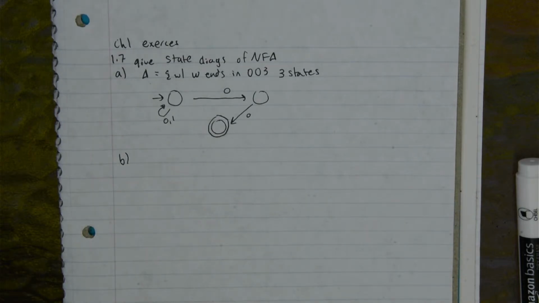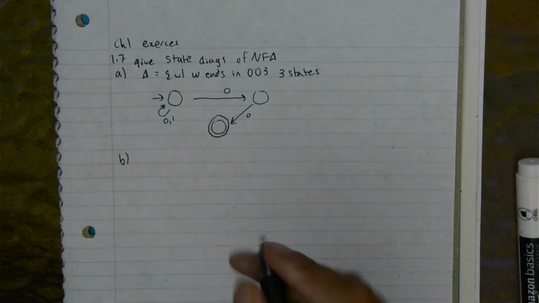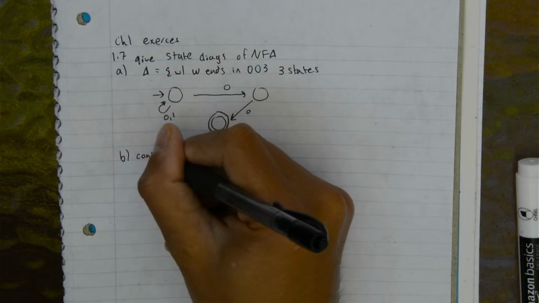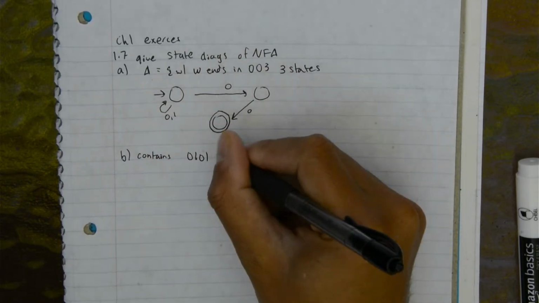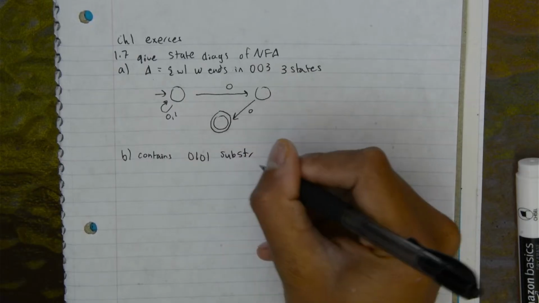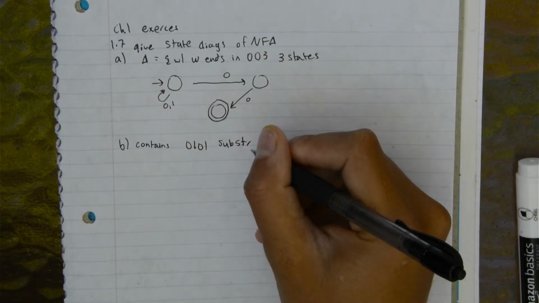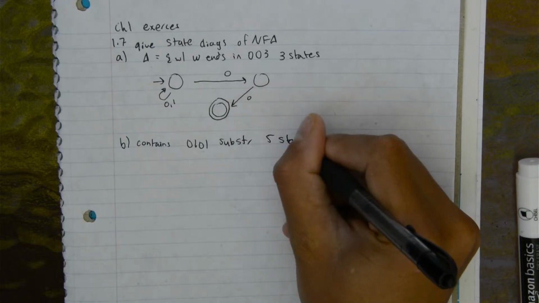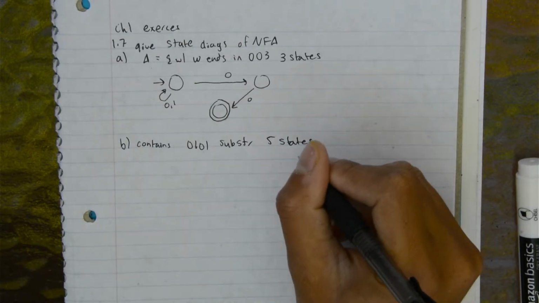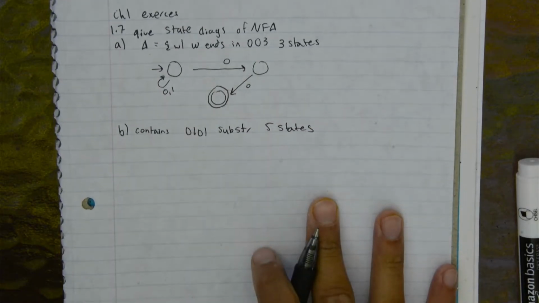B is the language of 1.6C, contains 0101, Sipser. And it needs 5 states. Okay.